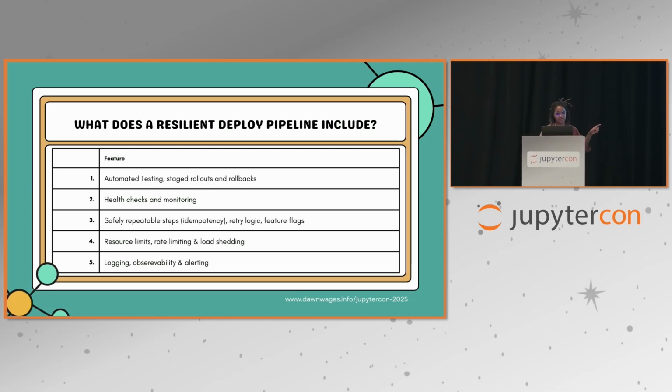Safely repeatable steps, retry logic, and feature flags, so it'll do something different when you have a feature tagged on or off. Resource limits, rate limiting, load shedding for performance, and then logging, observability, and alerts.